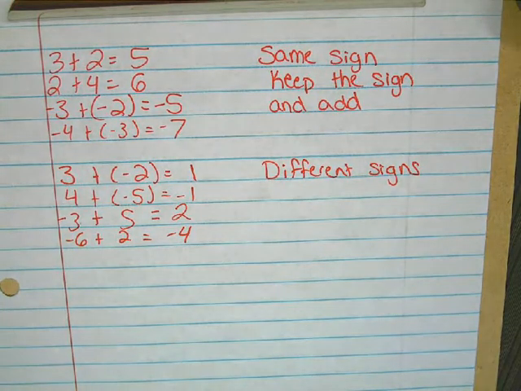I could write out pluses and minuses, but if I get to a problem that's 100 plus negative 50, do I want to write out 100 positives and negative 50? Positive 100 plus negative 50 equals positive 50, because there are more positives.